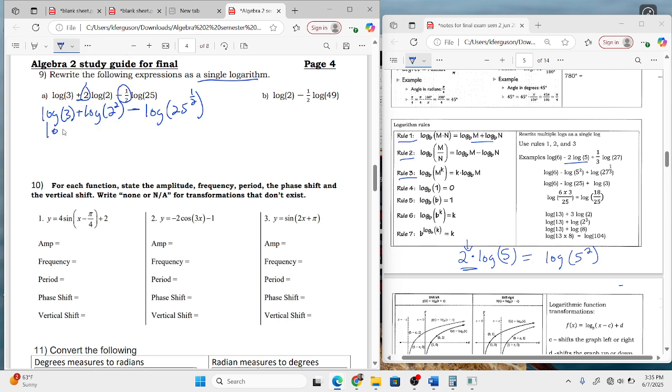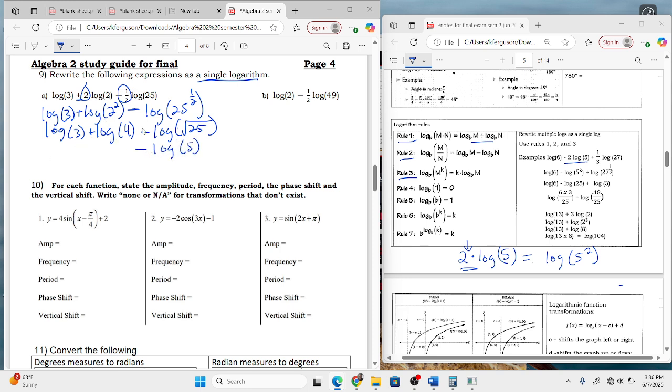So log of 3 plus log of 4 minus, what's 25 to the 1/2 power? Remember what fractional exponents do. Fractional exponents change your stuff to radicals. So the base is going to be 2. So it's the square root of 25. Square root of 25 is 5.